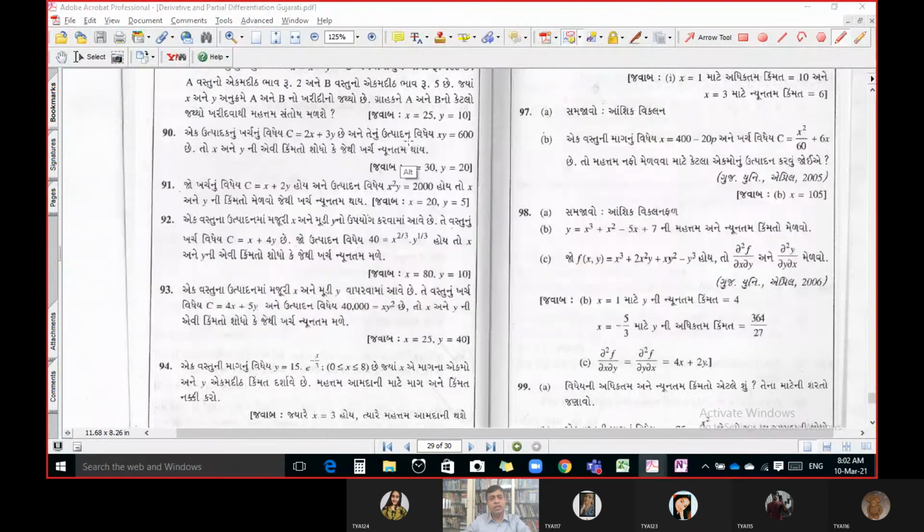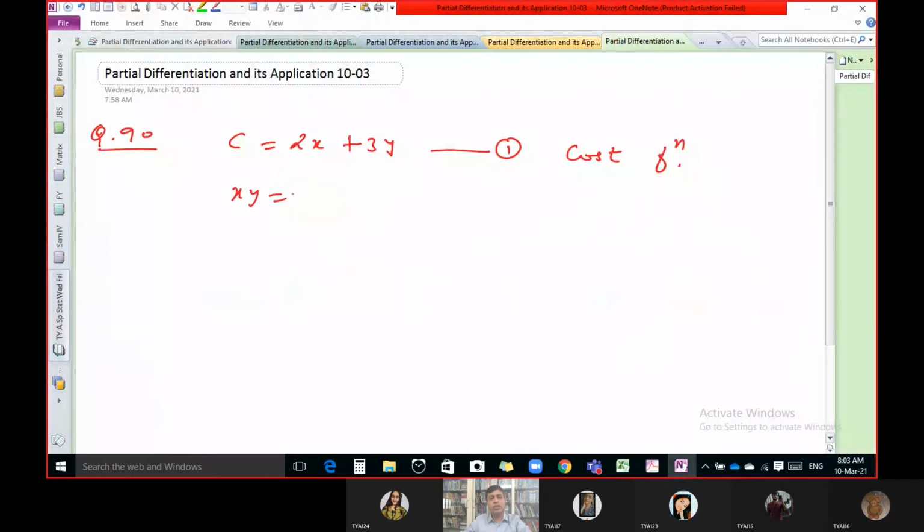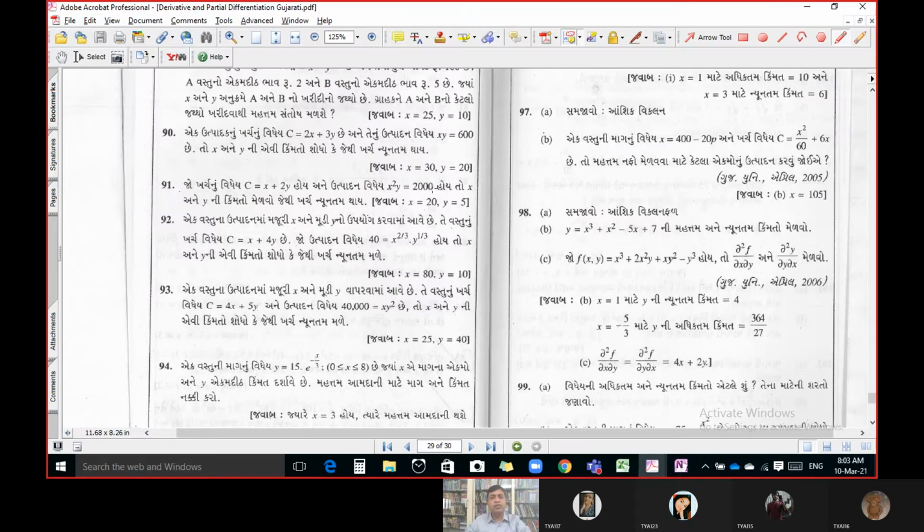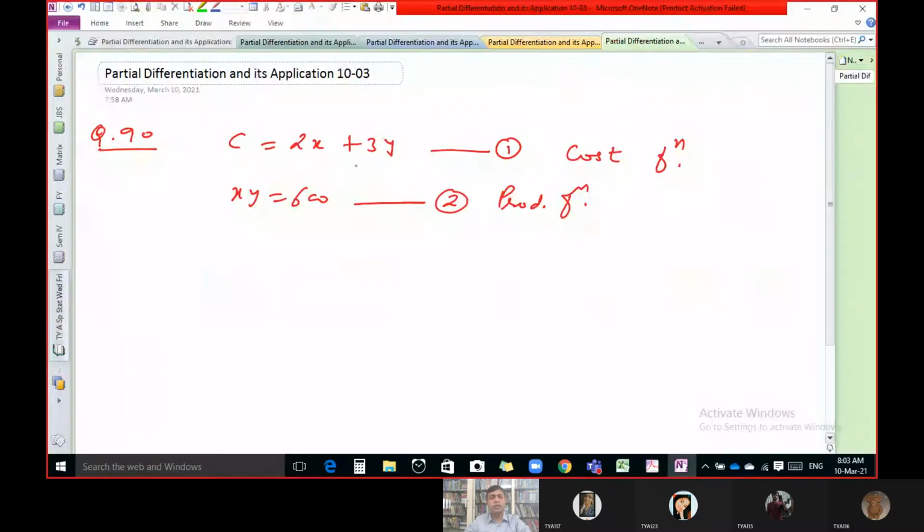So instead of a budget equation, here the production function is given, xy equal to 600. Now we have to find x and y so that the cost will be minimized.